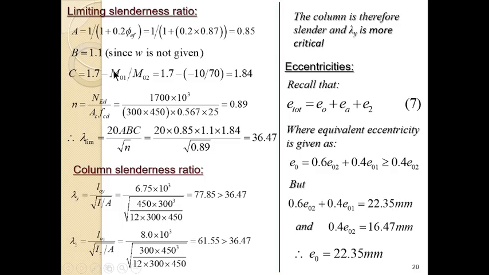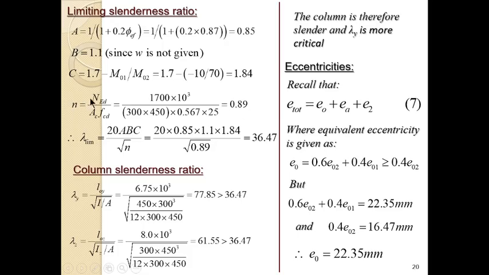And for C, we have calculated M01 over M02, which is actually minus 10 over 70. I told you why we have minus, because they are bent in double curvature. So if you have 1.7 minus into minus 10 over 70, this will turn to plus. So we have our C as 1.84.